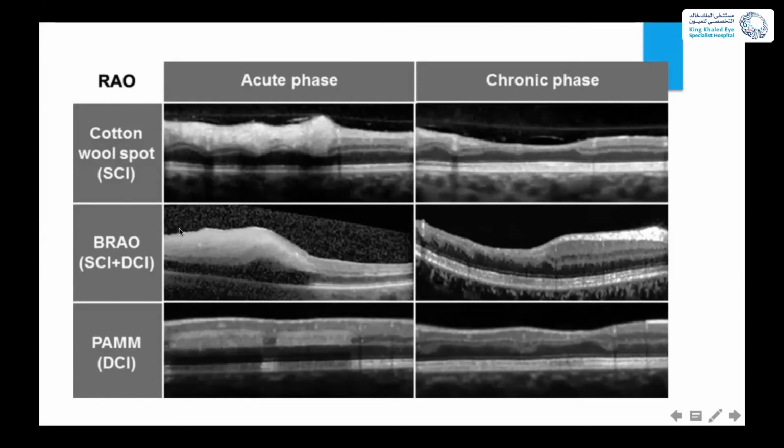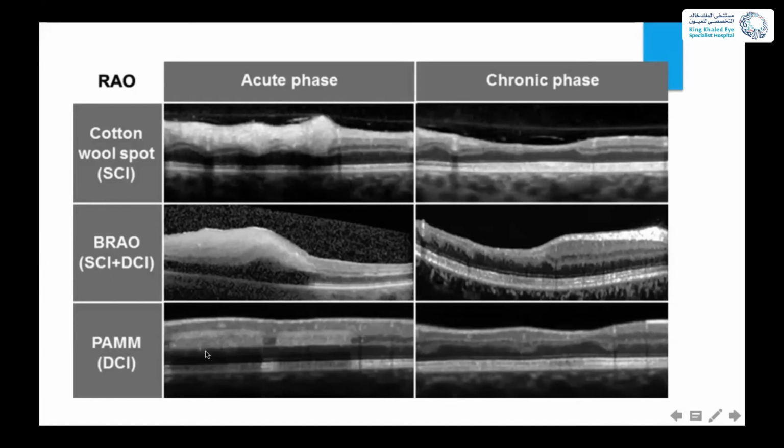And in patients with a full picture of branch retinal artery occlusion, the ischemia will involve the superficial capillary plexus and deep capillary plexus. So the hyperreflectivity will start from the nerve fiber layer to the inner nuclear layer in this photo. And at the chronic stage, you can see the thinning will involve all four layers. But in patients with paracentral acute middle maculopathy with deep capillary ischemia, the hyperreflectivity will involve only the intermediate and deep capillary plexus.